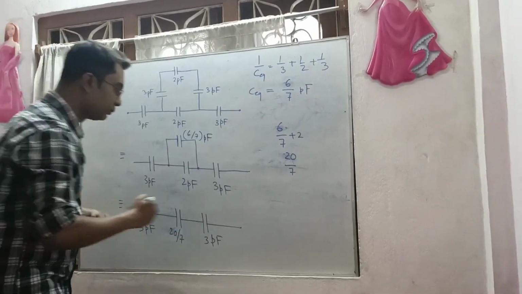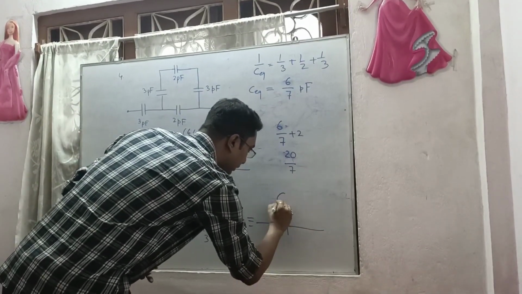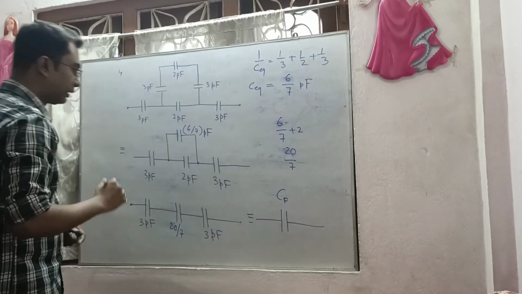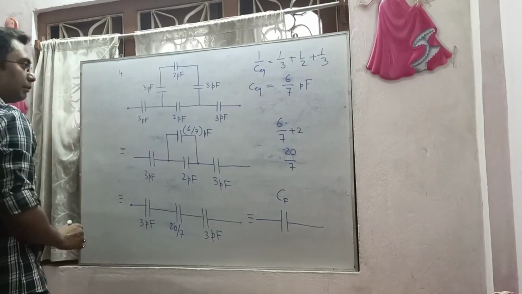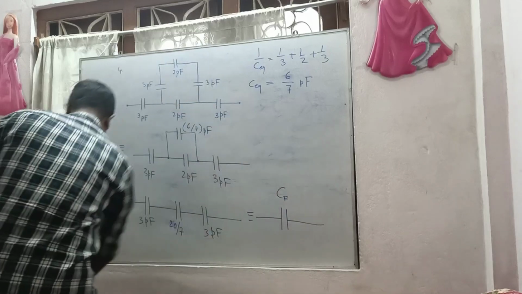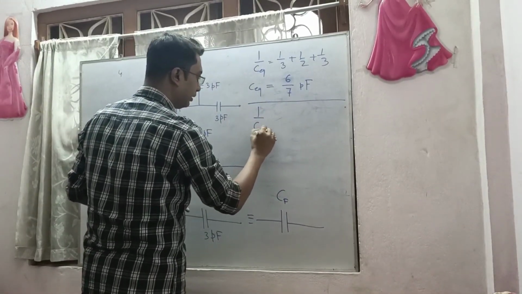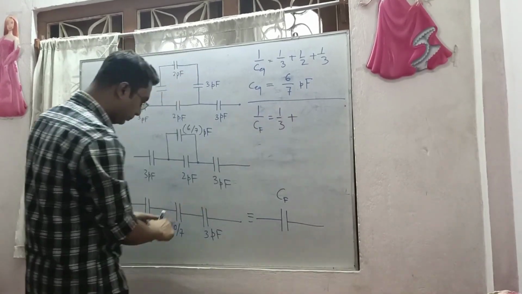So the final result will be C result or C final, whatever you can write. C final can be calculated from the series combination of these three. So it will come out like this: 1 by C final is equal to 1 by 3 plus 1 by 20 by 7.